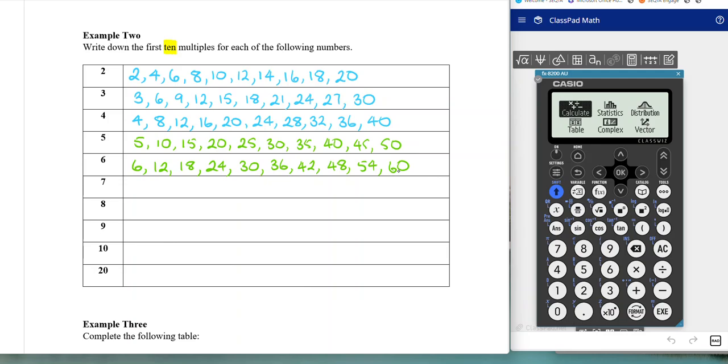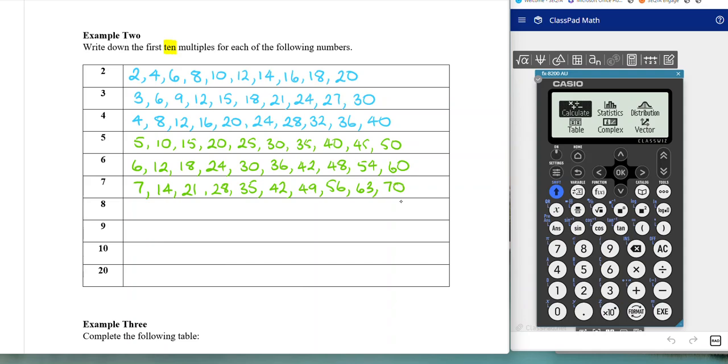All right, 7 times tables. Anyone want to say them for me? Go, yes, go. 7, 14. Yep, yep, yep. Yes, you're right. Yes, yes. 63.